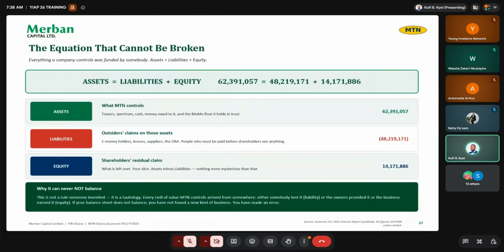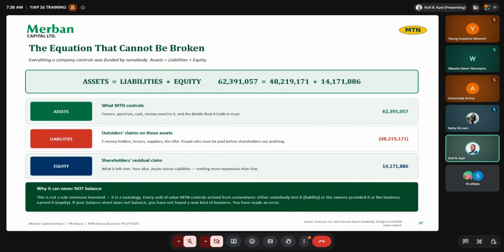So that's why we always see liabilities plus equity. The two put together is what the company owns or controls. In the case of MTN, 62.4 billion is what we see as the assets.